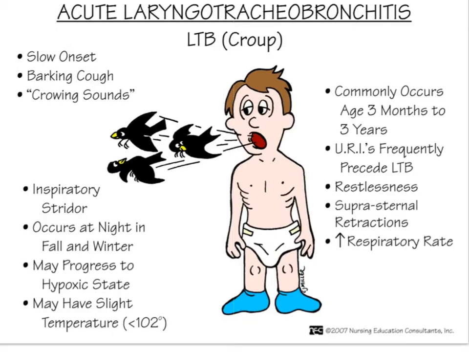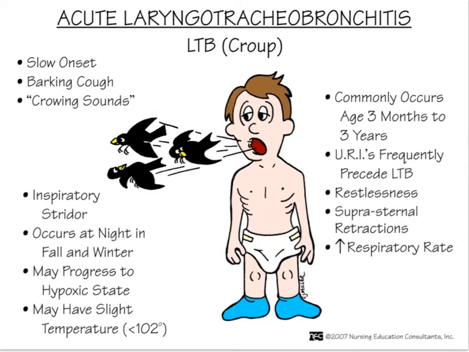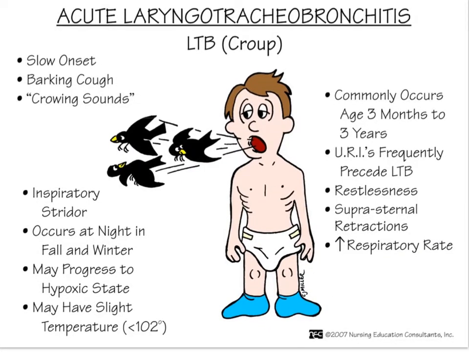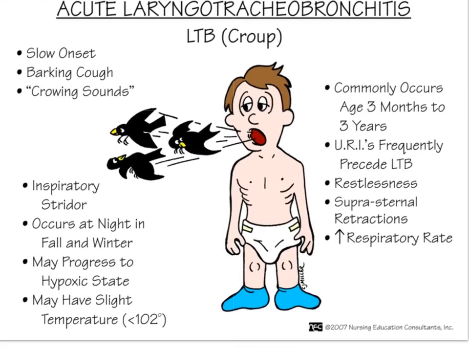The age group, it typically occurs at night in the fall or winter. They may have a little bit of a low-grade temperature, as you can see right here, a temperature of less than 102. This crowing sound or barking cough is very typical of croup.